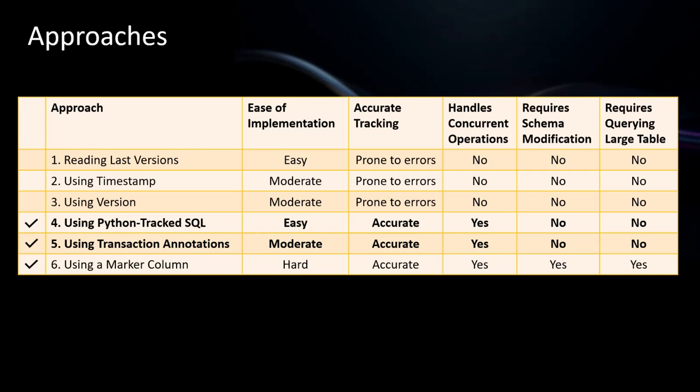The first one, reading the last version: once a merge operation is completed, you read the log of the delta table, get the last version, and then extract stats from it. This works well, no issue. But you might get wrong stats if you have source data with no changes.